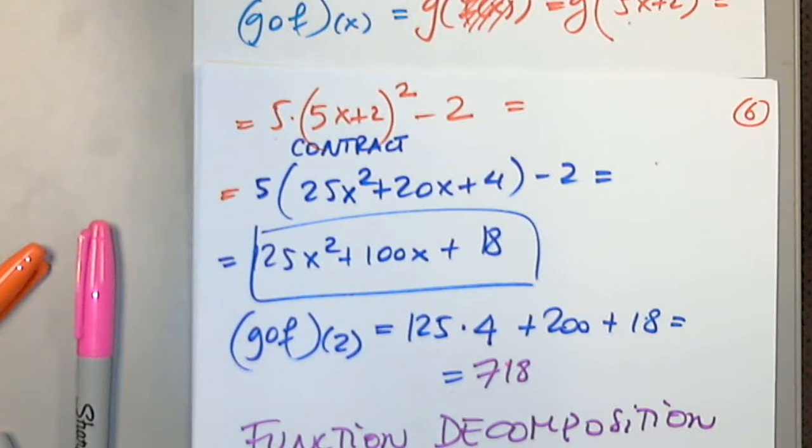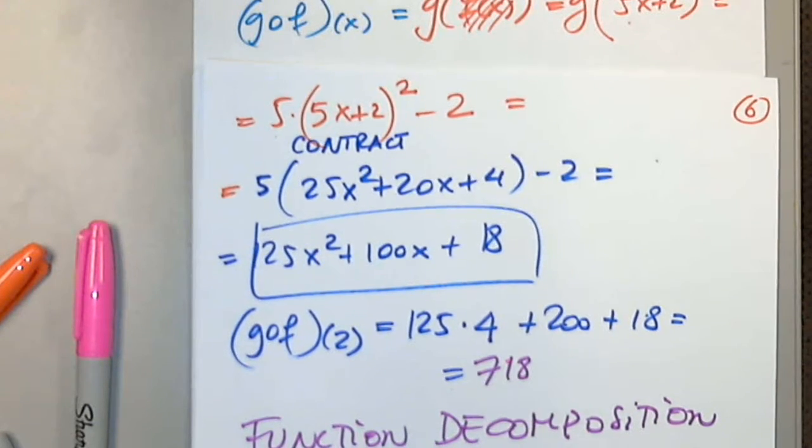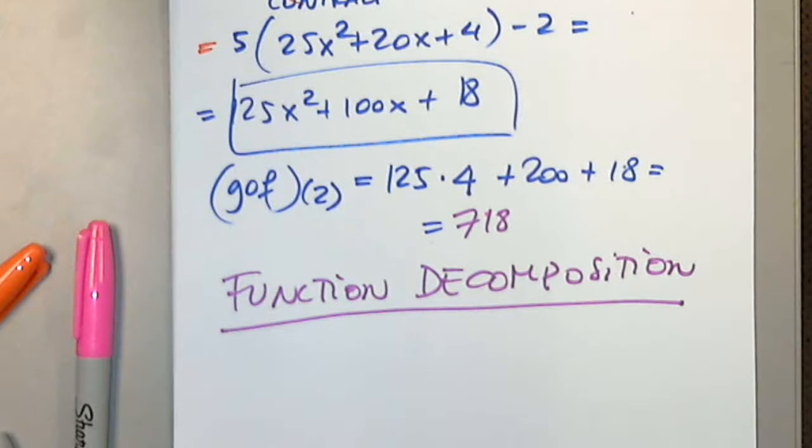But when I'm given two functions, I either have f comp g or g comp f. Now, in function decomposition, I want to go backwards. I want to decompose the function into inner and outer. Inner is the function that I apply first, and outer is the function I apply to the inner.